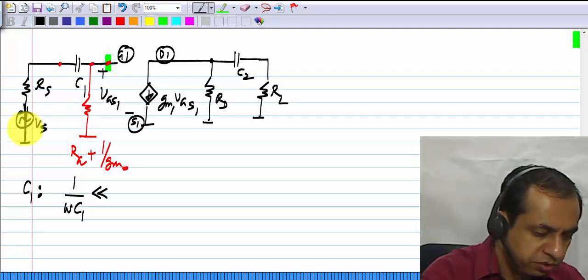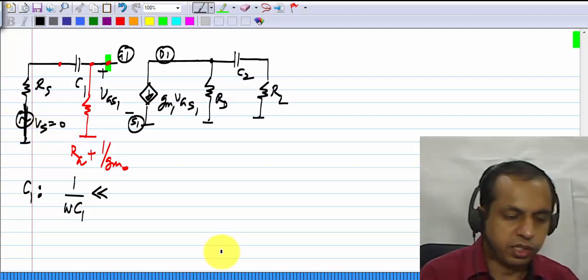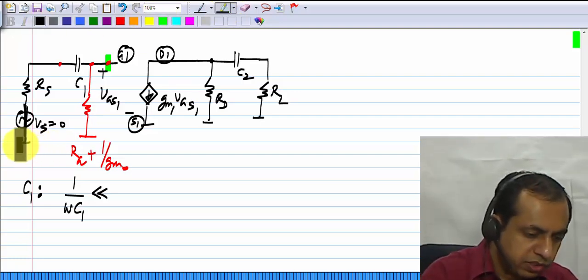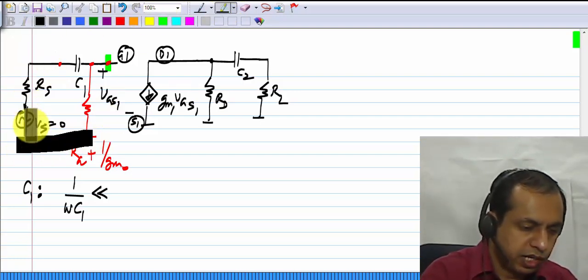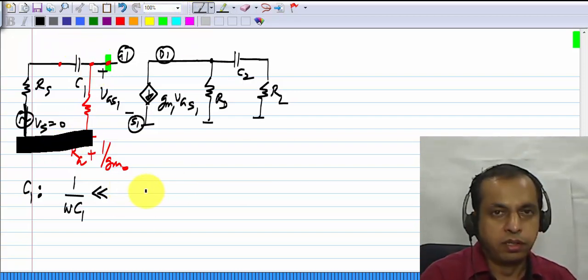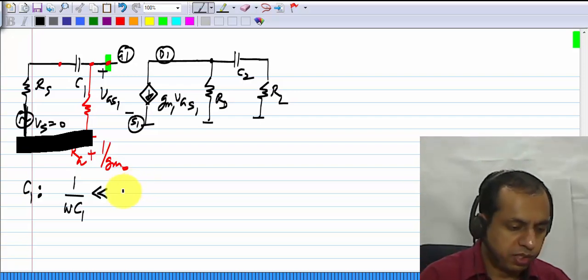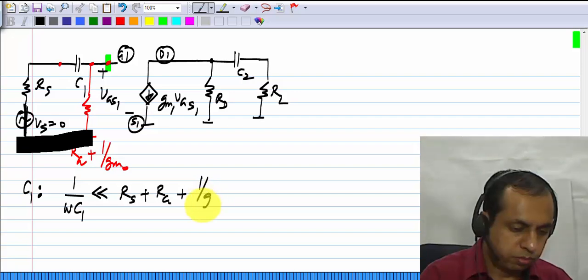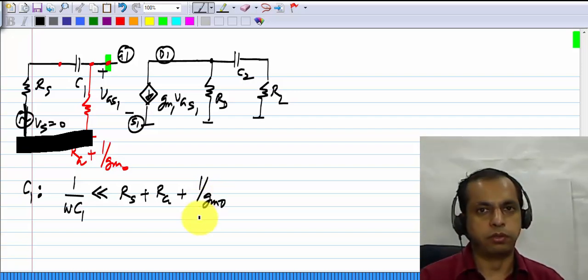That is, Vs is set to 0, so this becomes a short circuit. And what appears across it, if you complete this ground connection, it becomes obvious. It's Rs and this resistance in series. So 1 over omega C1 must be much smaller than Rs plus Rg plus 1 by GM0.